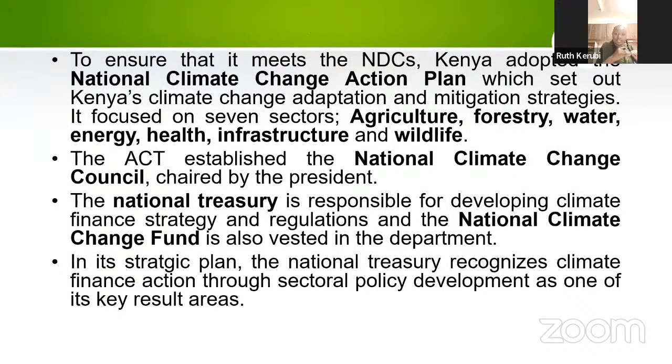Now, on NDCs, Kenya adopted the National Climate Change Action Plan, and this action plan set out Kenya's climate change adaptation and mitigation strategies, which focus on 7 sectors: agriculture, forestry, water, energy, health, infrastructure, and wildlife.